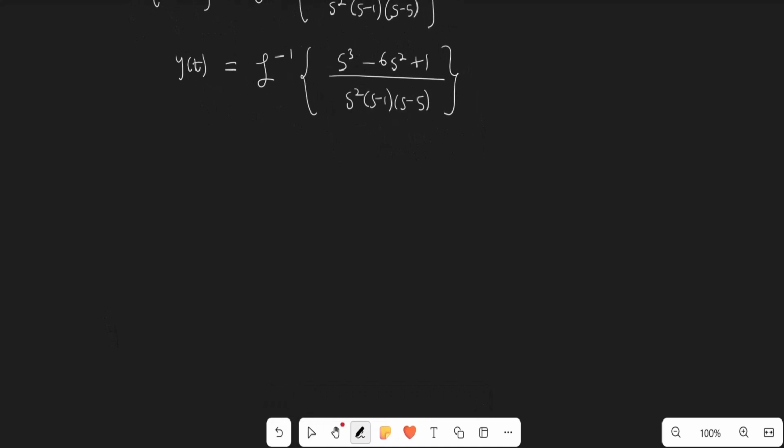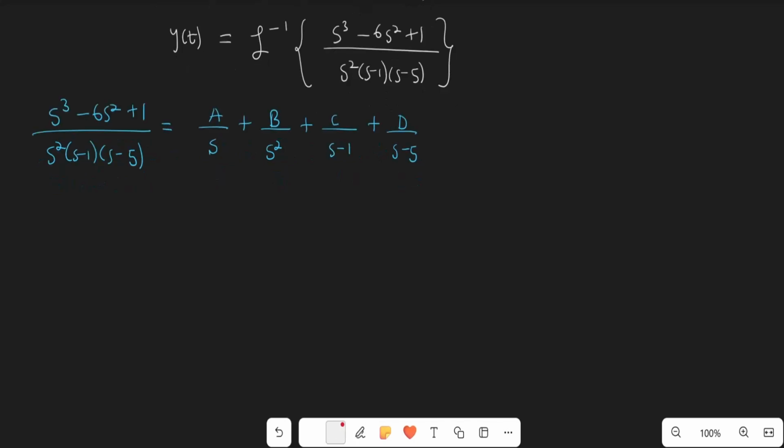So we are going to use partial fractions on (s^3 - 6s^2 + 1) divided by s^2 (s - 1)(s - 5). Using partial fraction decomposition, we are going to have A over s, plus B over s^2, plus C over s - 1, and now plus D over s - 5, like this.